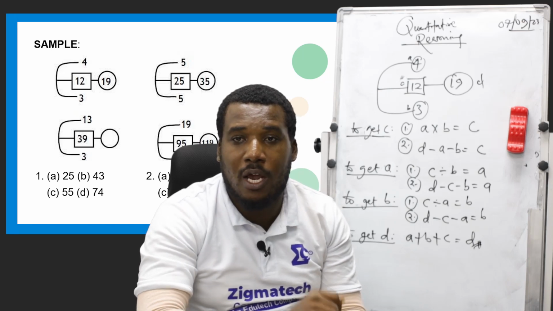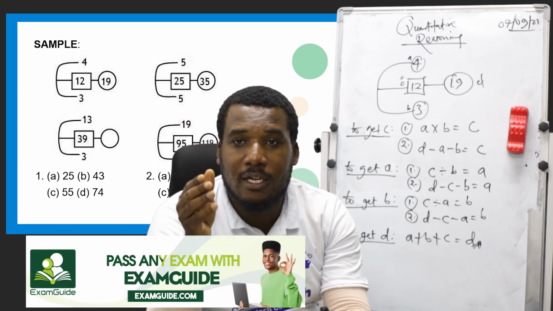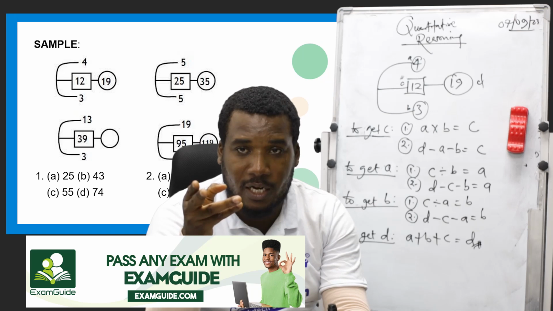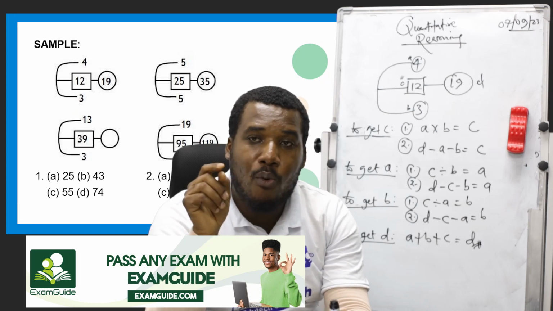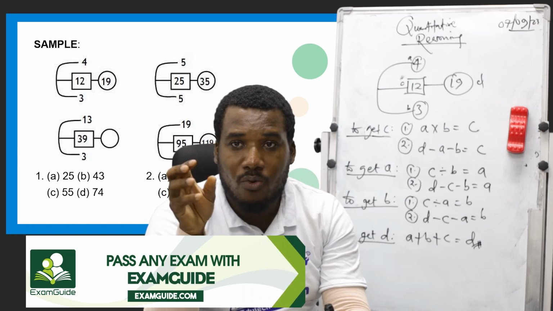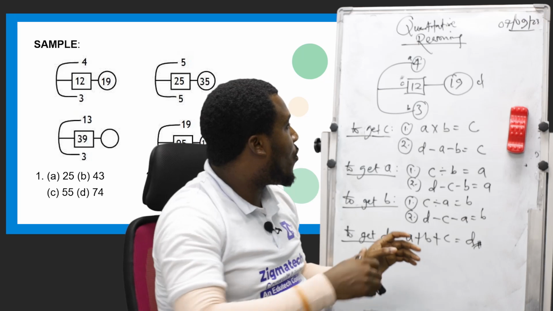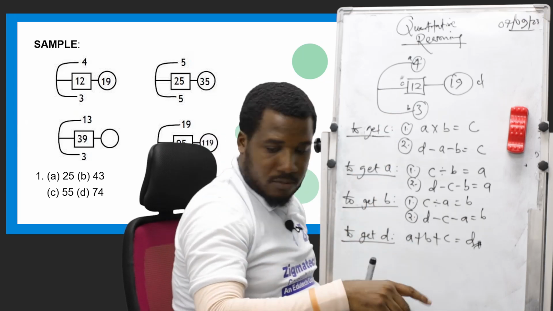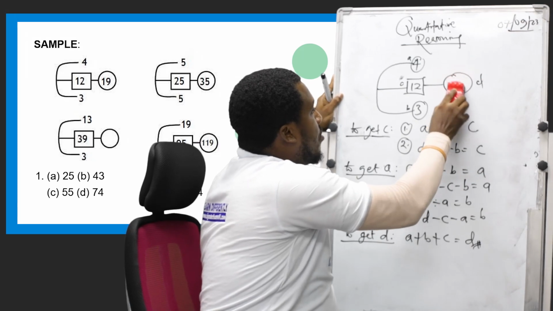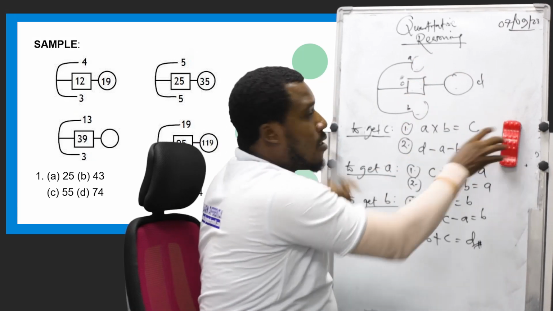Number 1, if you look at the diagram above, they say 13, 3, and 39. Now, we know that 13 times 3 will give us 39. But what will be the answer for the unknown there? Let me remove all this and rewrite.